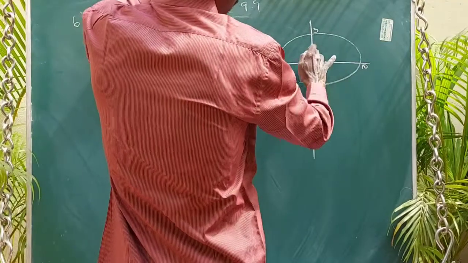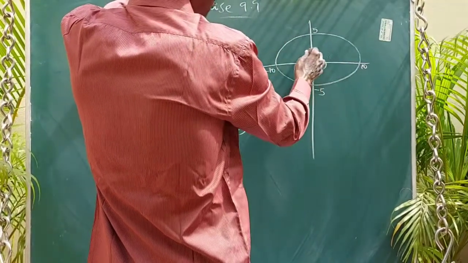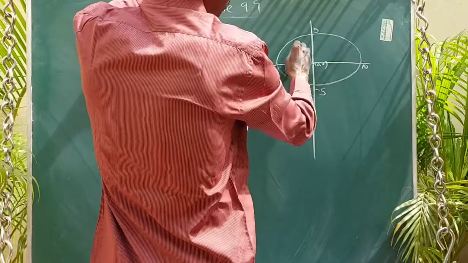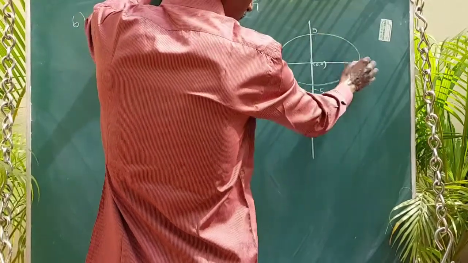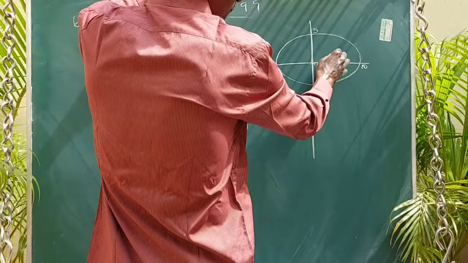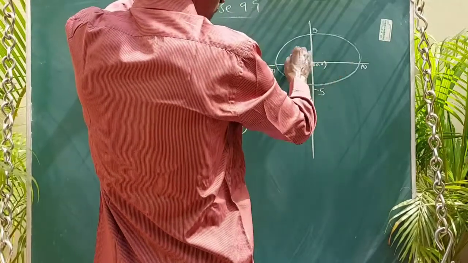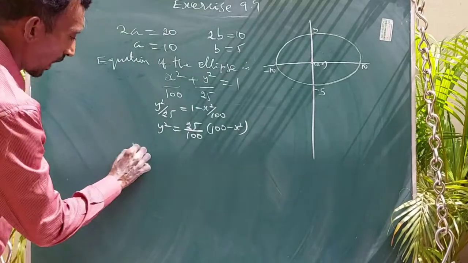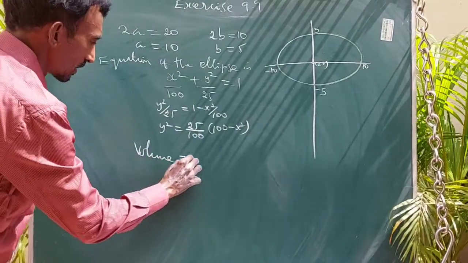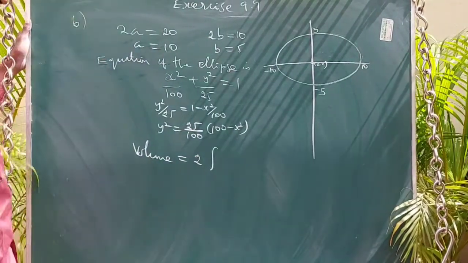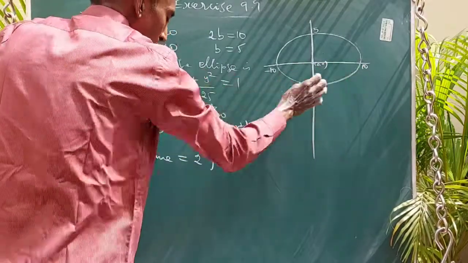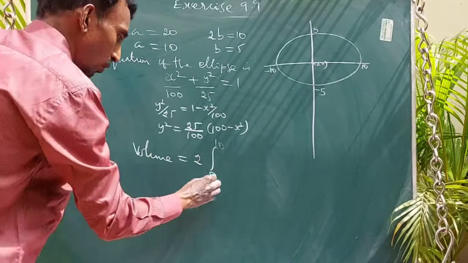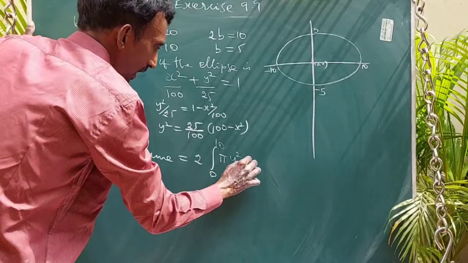Instead of rotating the whole thing, find the area of revolution in the first quadrant and multiply by 2. So here the required volume is equal to 2 times the integral, only in the first quadrant, 0 to 10, pi y square dx.